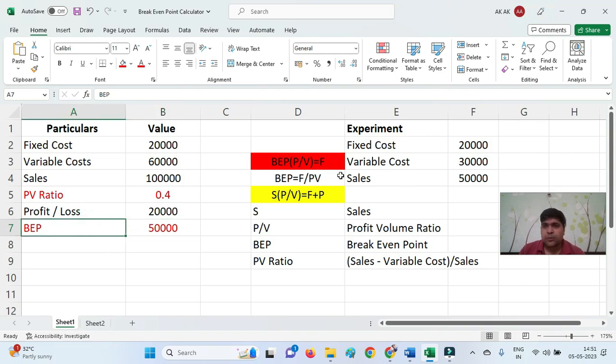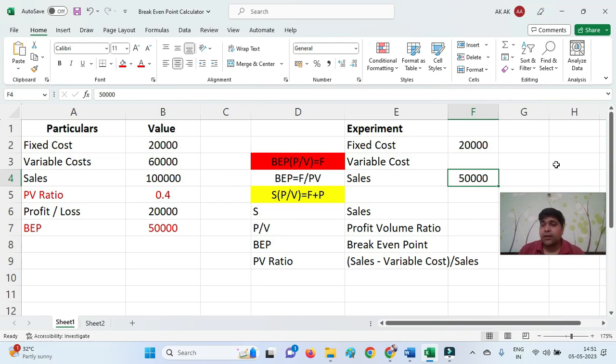Fixed cost is 20,000. Variable cost is 30,000, which I don't know. Suppose I know fixed cost and I know sales. Now what should be my variable cost? Because there is no profit, no loss, my sales should equal costs. I'm just testing whether it is BEP or not.